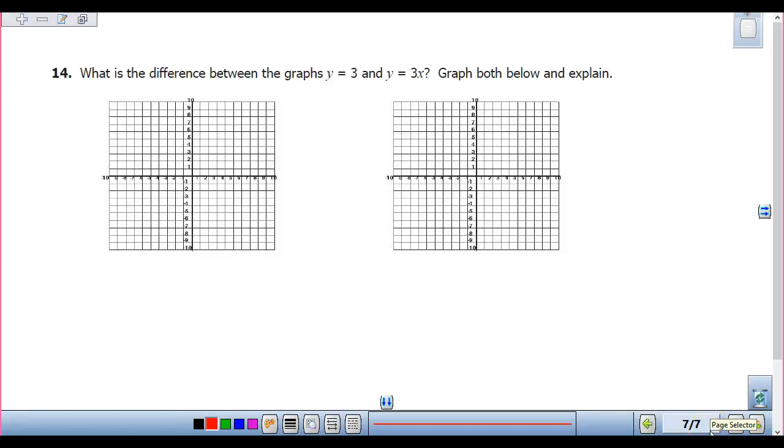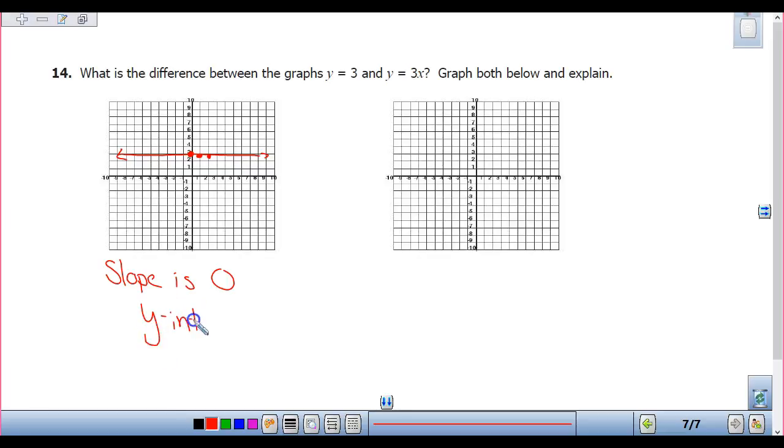Alright, the difference between y equals 3 and y equals 3x. With y equals 3, we're going up to 3, and my slope of that line is 0. I could go up 0 over 1, up 0 over 1, and think of it that way. So we can put slope is 0.